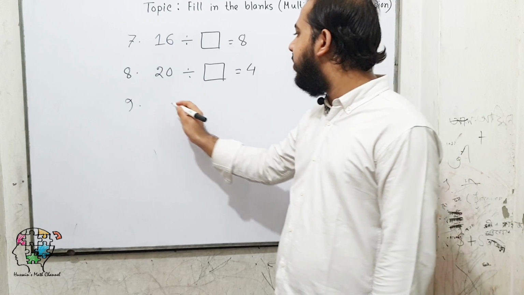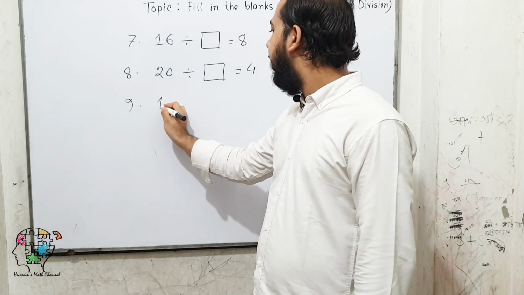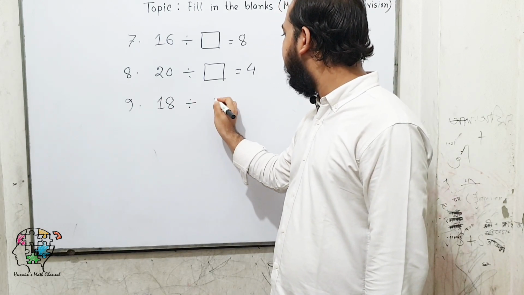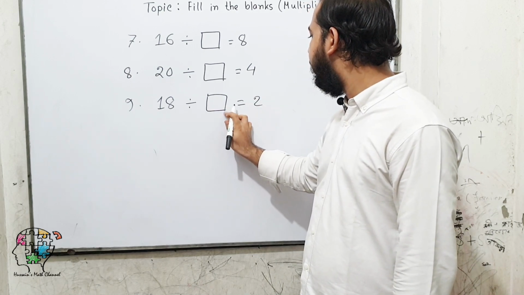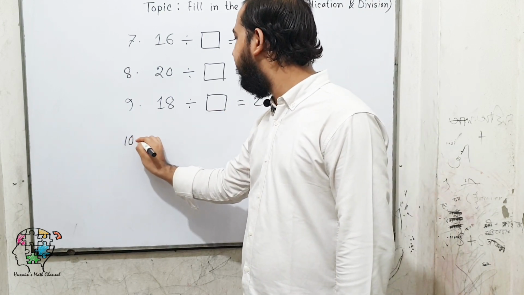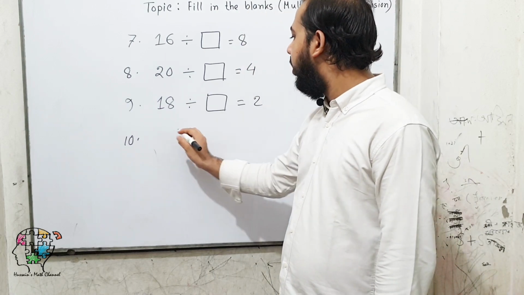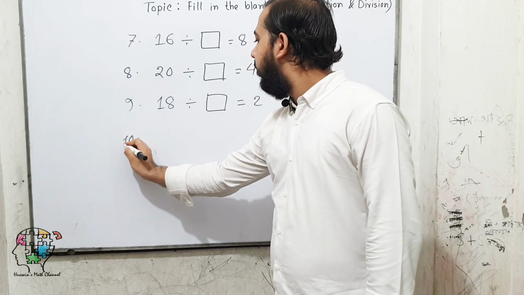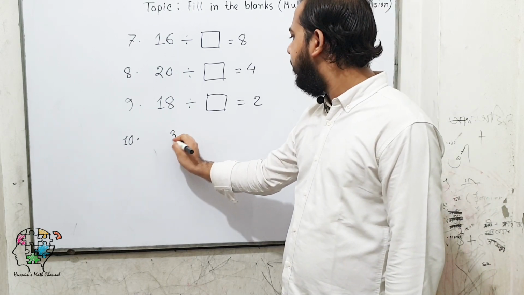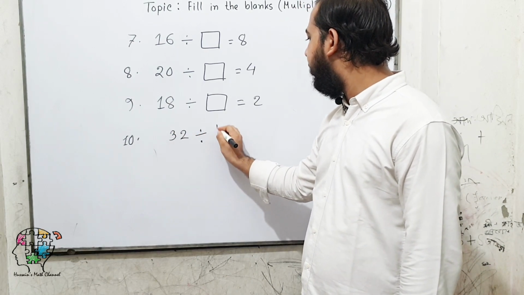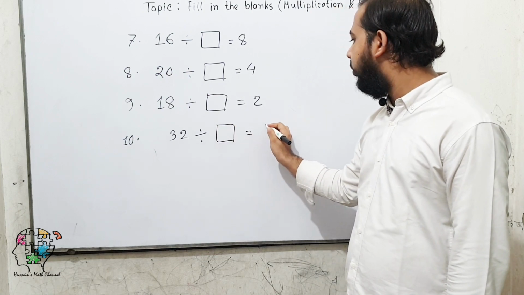Next, you can write 18 divided by blank is equal to 2. Question number 10: 32 divided by blank is equal to 4.